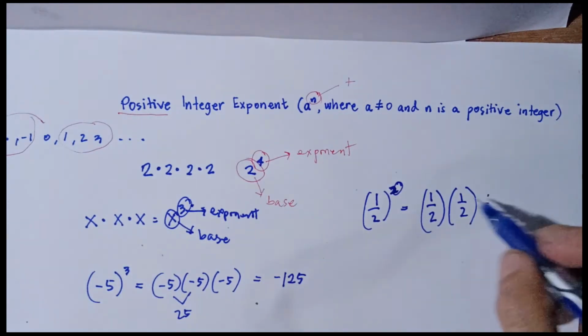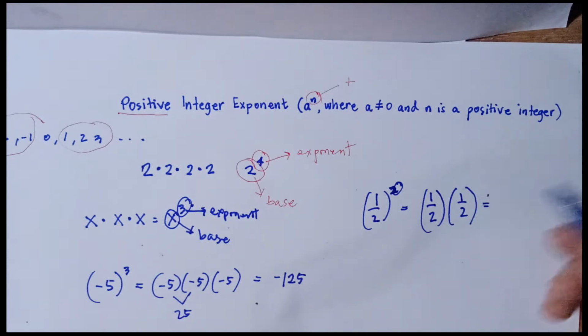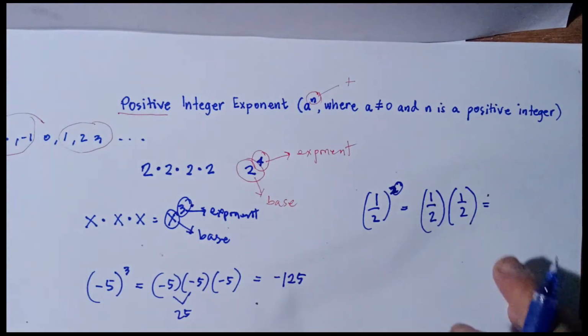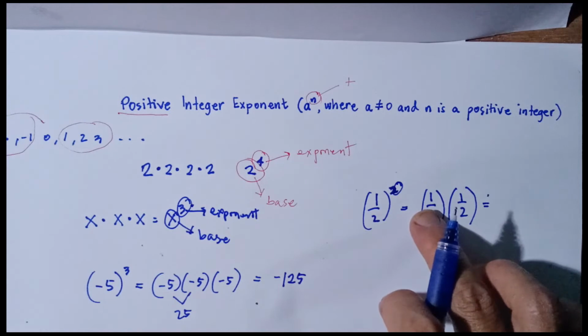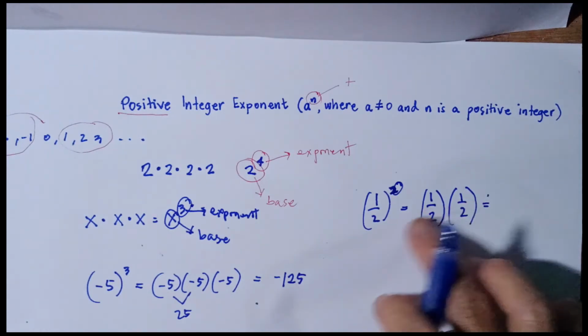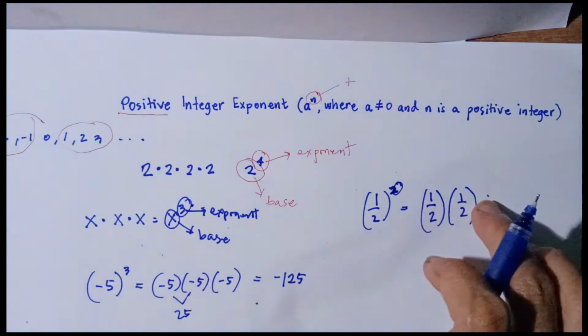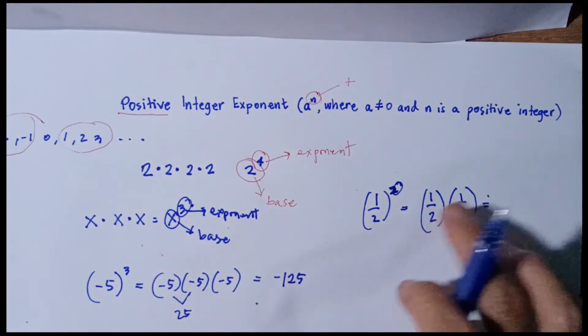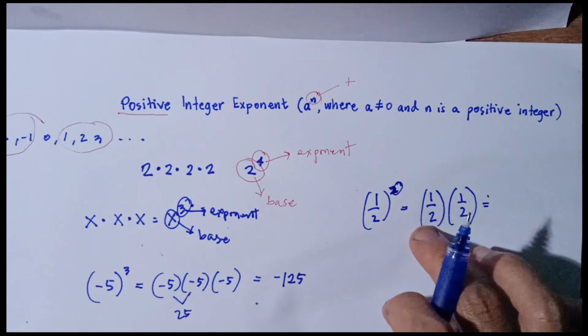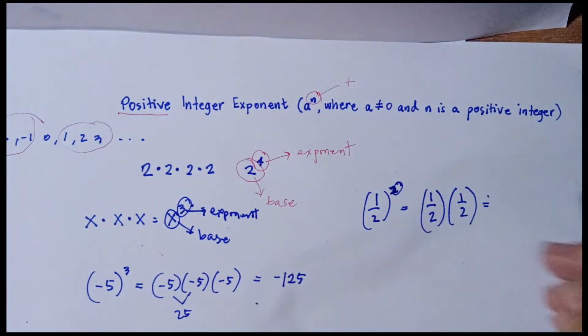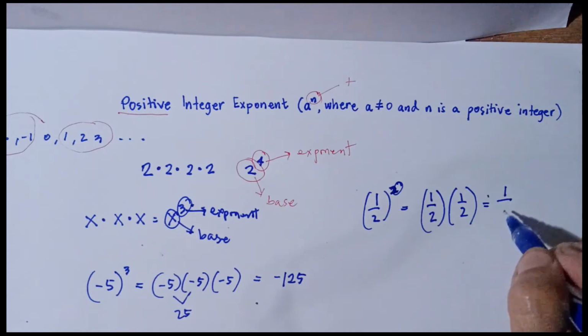As we go back to elementary, we review the multiplication of fractions: the numerator times the numerator, and the denominator times the denominator. So we have 1 times 1 equals 1, and 2 times 2 equals 4.